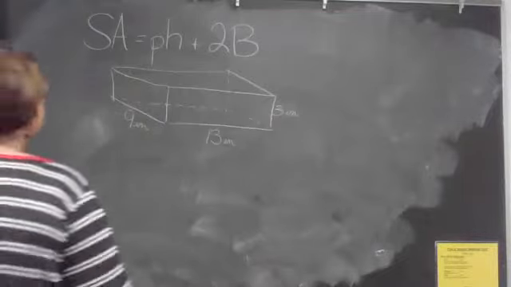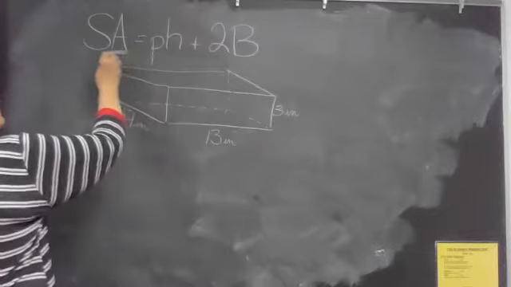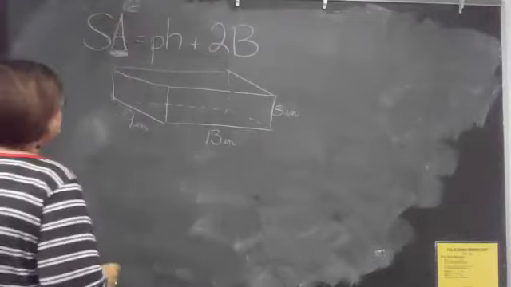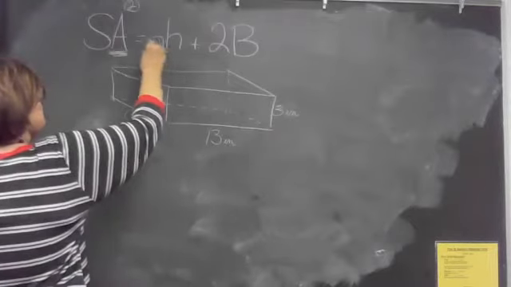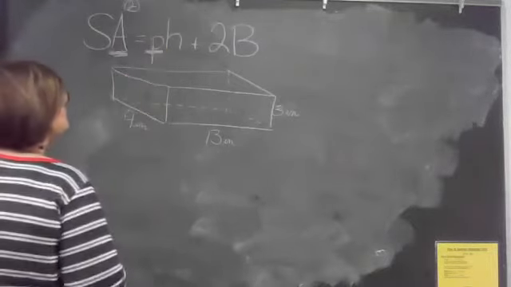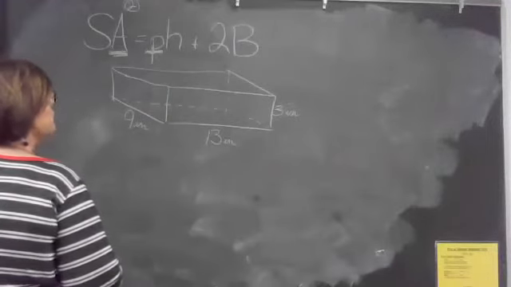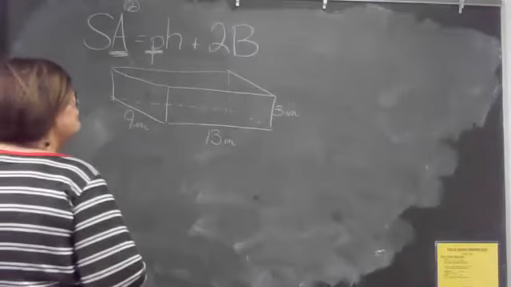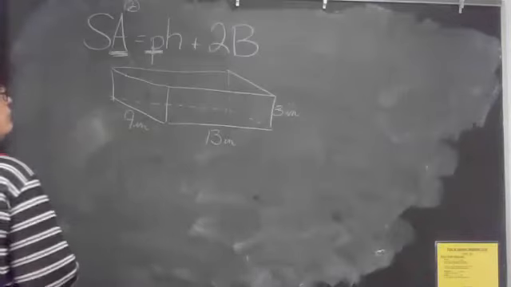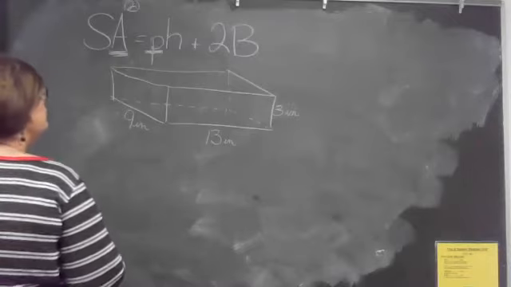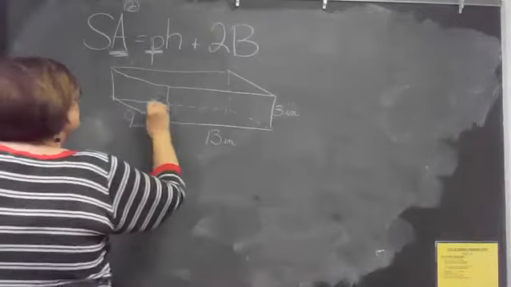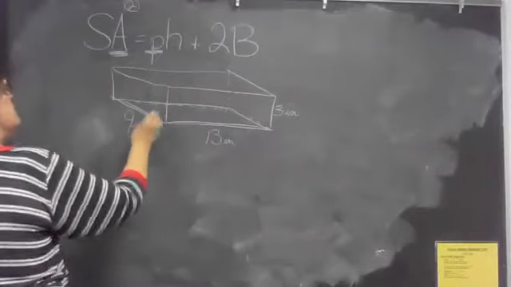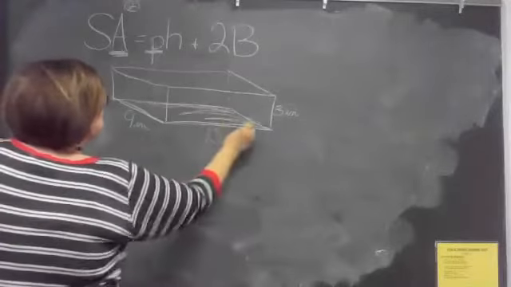Okay, and just ahead of all of this stuff, remember that we're finding areas, so our units are going to be squared units. Okay? This P is something that we haven't dealt with yet, and this stands for the perimeter of the base. The perimeter, if you go back to the first thing we did with these solids, we found the perimeter. Perimeter is simply the distance around the base. Here's the base that it's sitting on.